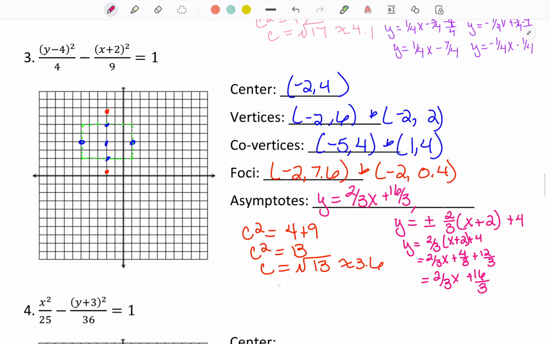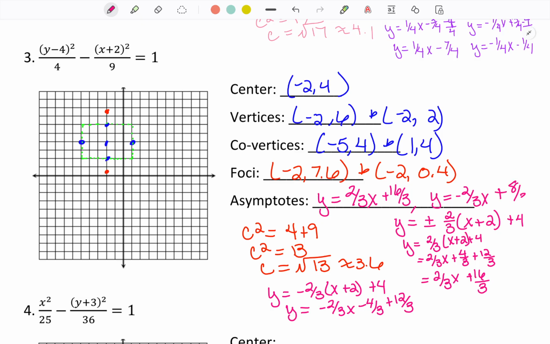And then for our y minus, so y equals -2/3 x plus 2 plus 4. And then that is also plus 12 over 3, so that is plus 8 over 3. So y equals -2/3 x plus 8 over 3.